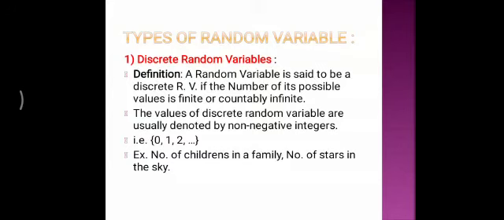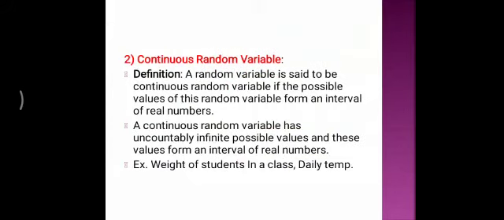Next, the second type is the continuous random variable. The definition is: a random variable is said to be a continuous random variable if the possible values of this random variable form an interval of real numbers.